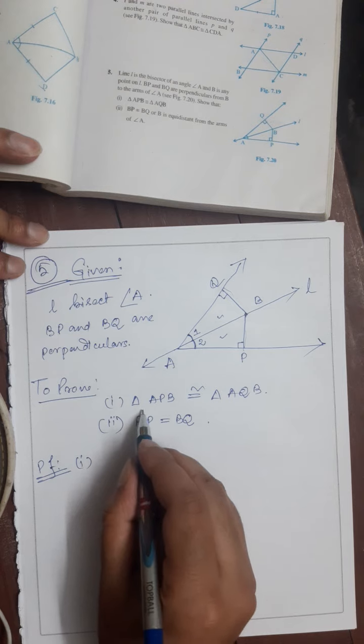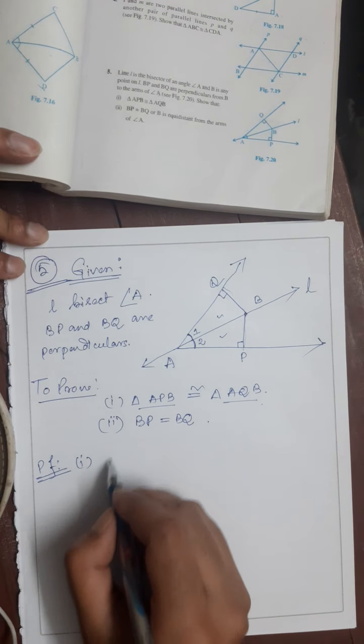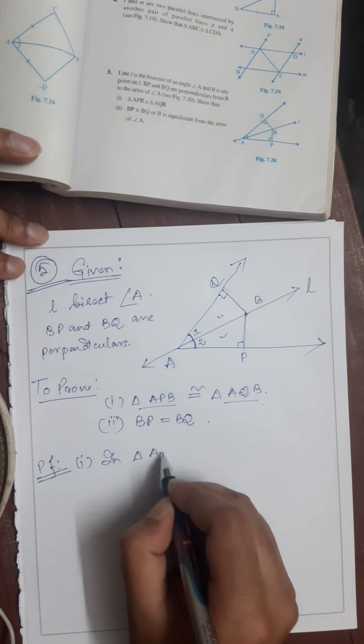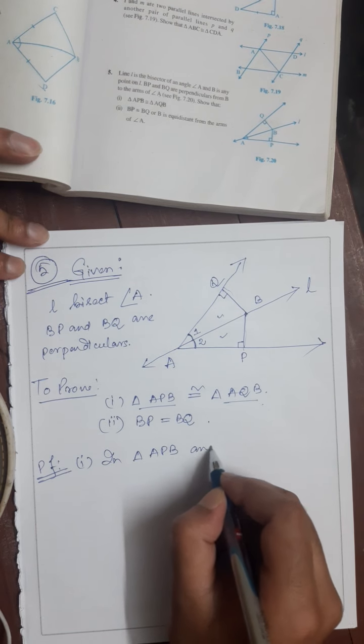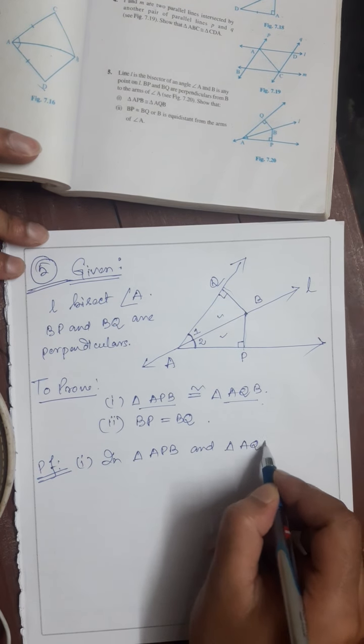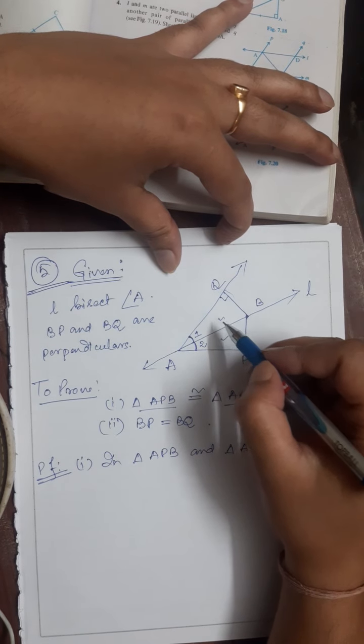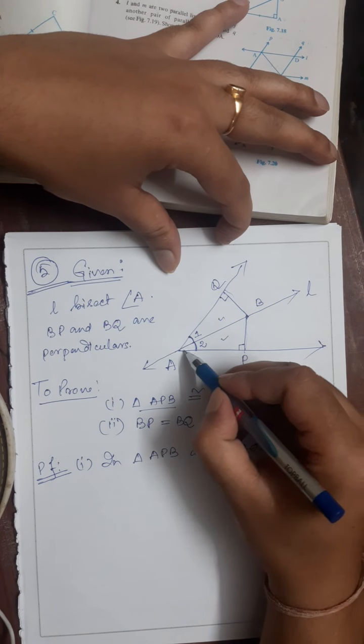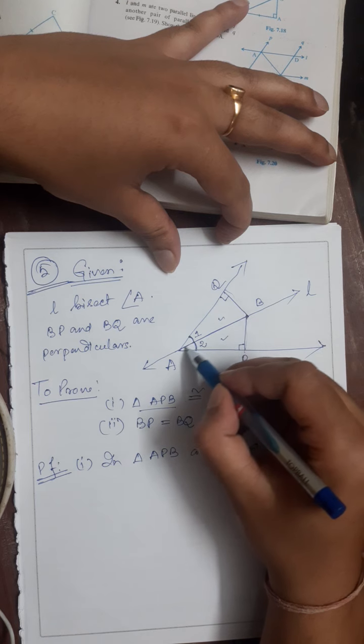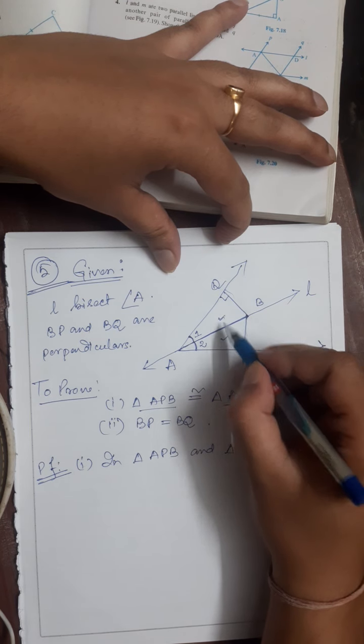Number one, we'll write the names of these two triangles. In triangle APB and triangle AQB. So in these two triangles, which sides are equal? See, in these two triangles, first the easiest is this common side. AB is common to both the triangles.